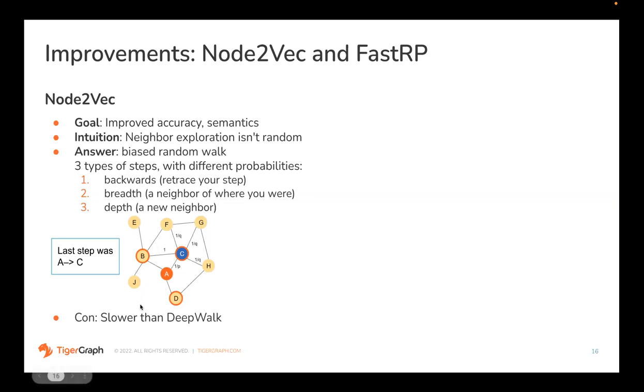If we started in A and then went to C, so now we're at C, B was a neighbor of A, and it still is a neighbor of C. So any vertex that was a neighbor and then still is a neighbor is considered going sideways. So going to B would be a sideways move, or breadth. Going back to A is, of course, going backwards. Going to any of these others is considered going forwards.